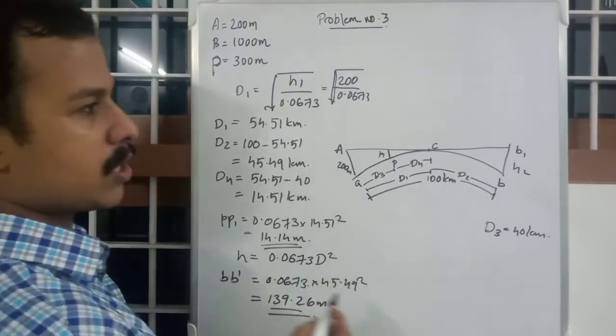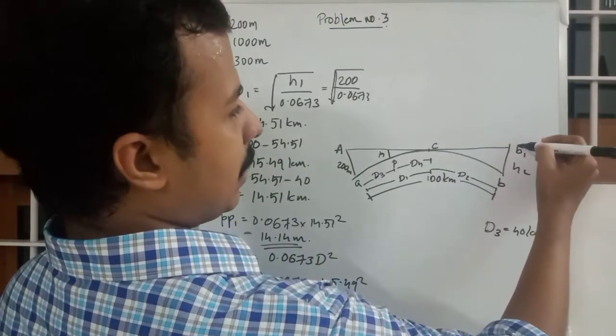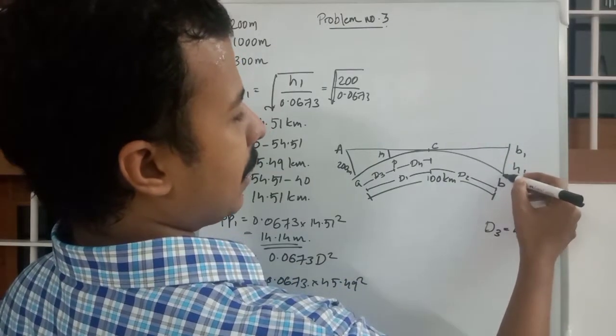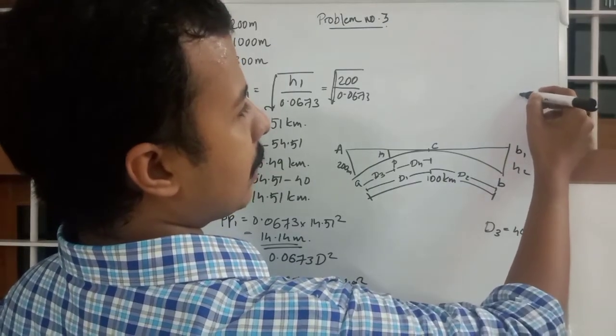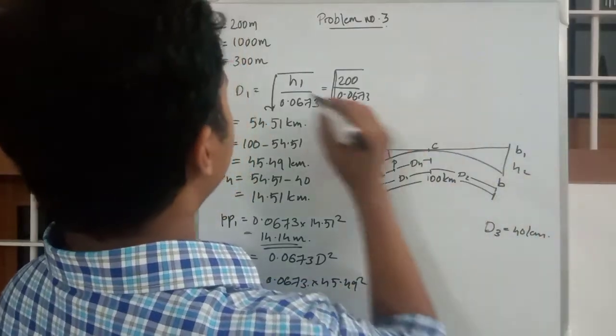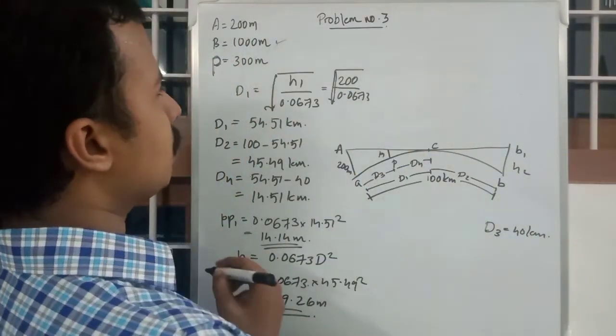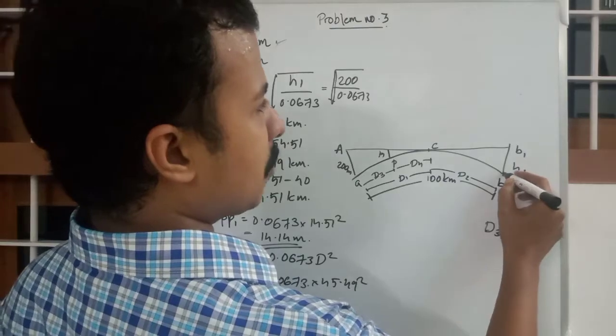We are taking or measuring the actual B here. Actual B height is 1000 meters from here.